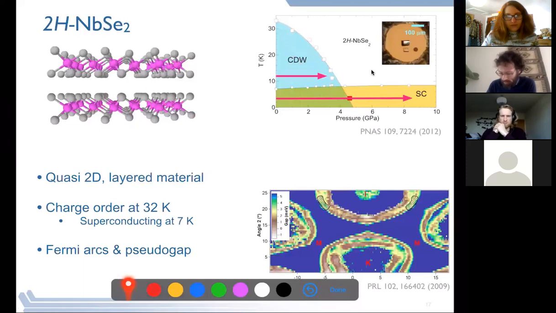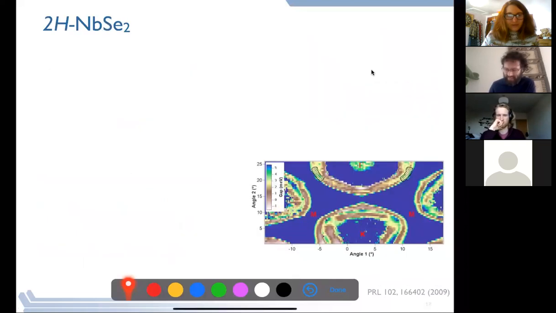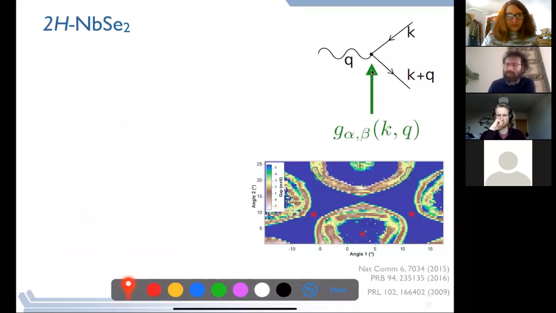So perhaps we could learn something about it. I'm not going to say anything about high temperature superconductors. I'm just going to say something about this material, but in this one material, we do understand where these things come from. And the nice thing is, you can understand it quite nicely, exactly in terms of what Walter Kohn taught us. If you think about the scattering between electrons and phonons, he said, right, the probability for the scattering to happen is determined by this weird function that depends on so many different things.